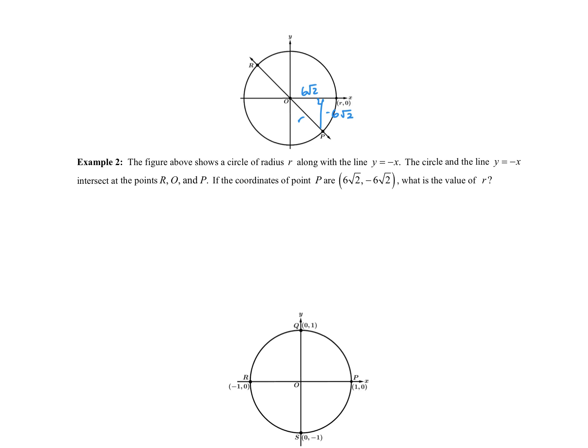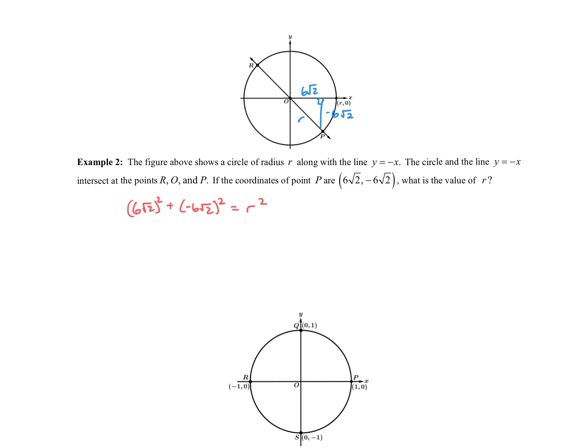A squared plus b squared is equal to c squared, with that crazy Greek dude Pythagoras. All right. And so now we have 6 square root 2 quantity squared plus negative 6 square root 2 quantity squared is equal to r squared. All right. So let's do a little bit of math. So 6 squared is what? 36. Square root 2 squared is what? 2.